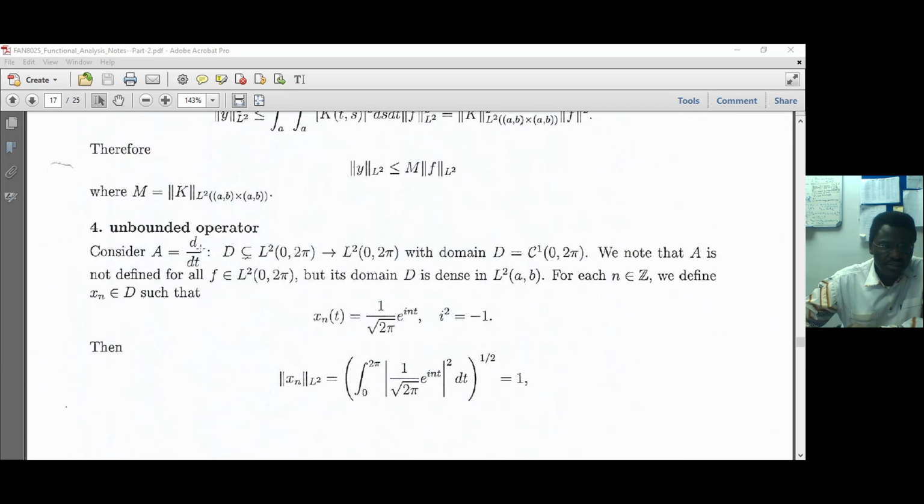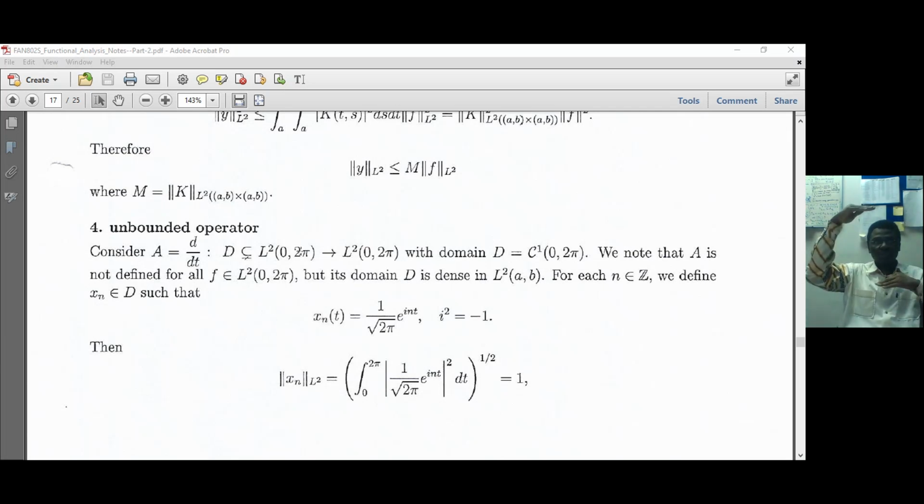Now, A is this operator. And we know that not all functions are continuous, that's why the domain is strictly contained. If you remember the definition of square integrable function, a function might have a jump but still be square integrable. A function with a jump is not continuous, because continuous functions don't have jumps.